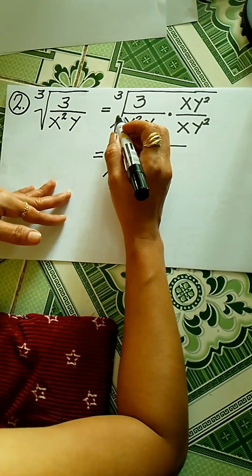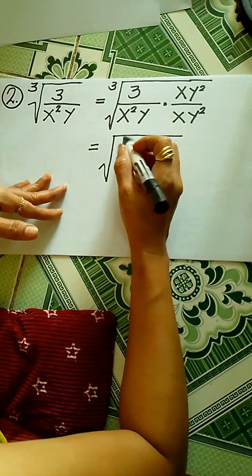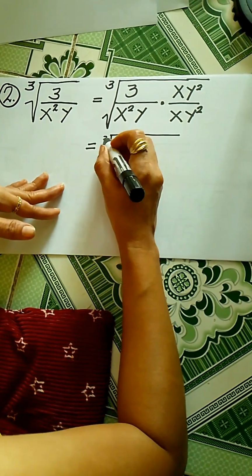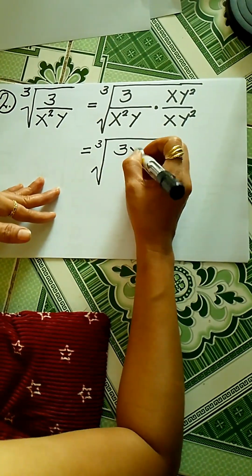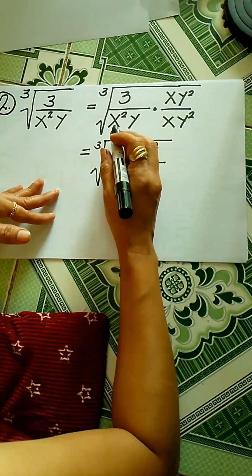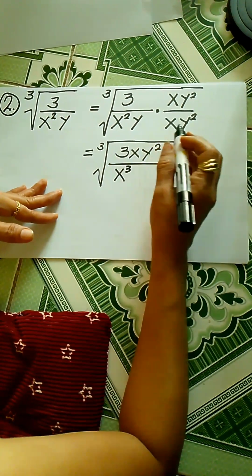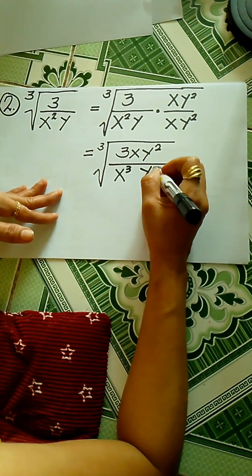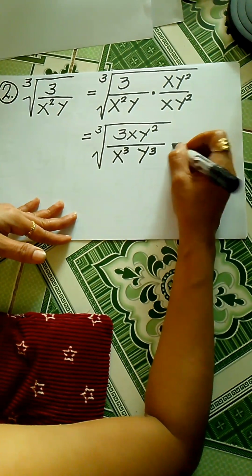So let us continue. Cube root of 3 times xy square is 3xy square. Then, x square times x is x cube. Y times y square is y cube.